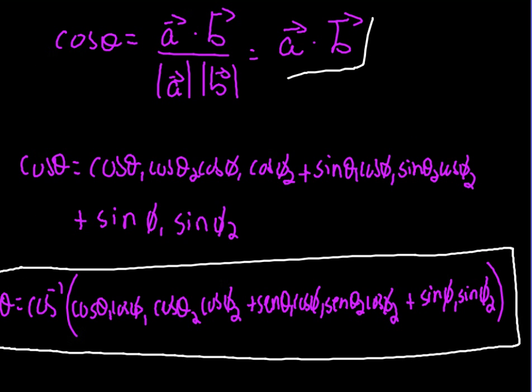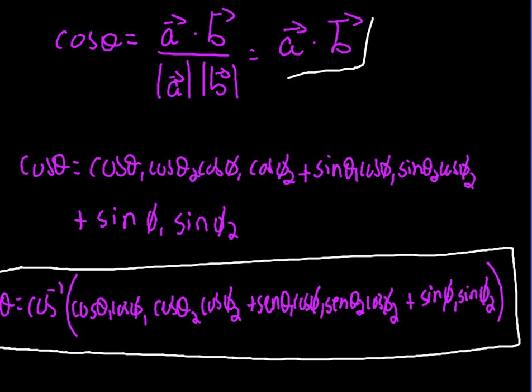And if we add them together, and we apply the inverse cosine to both sides, we know that the angle is equal to the inverse cosine of cosine theta 1, cosine phi 1, cosine theta 2, cosine phi 2, plus sine theta 1, cosine phi 1, sine theta 2, cosine phi 2, plus sine phi 1, sine phi 2. And this is my formula for calculating the angle between two position vectors on a unit sphere.